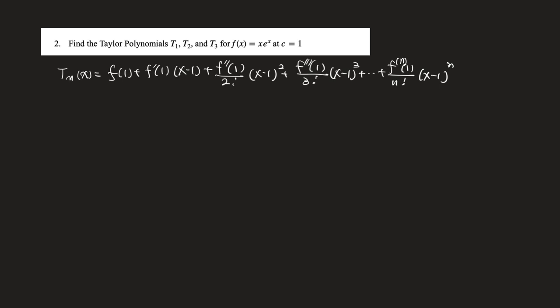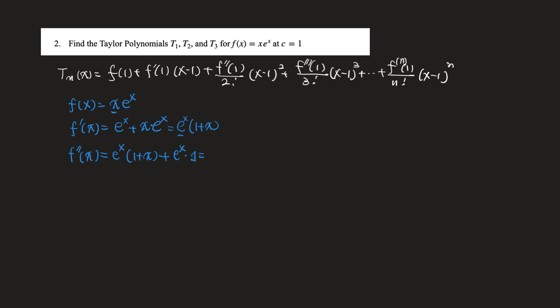So let's find the derivatives of f of x equals x e to the x. For the first derivative, we're going to use the product rule. Derivative of x is 1, times e to the x, plus x times the derivative of e to the x, which is e to the x. So this one is e to the x times (1 plus x). Second derivative: derivative of e to the x is e to the x, times (1 plus x), plus e to the x times the derivative of 1 plus x, which is 1.